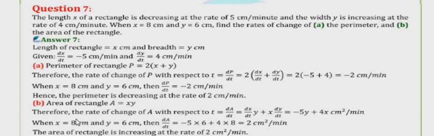You have to put x equal to 8 cm and y equal to 6 cm here. 8 into 4 is 32 and 5 into 6 is 30. So this answer will be 2. It means at that time the area was increasing, right? All things are happening at the same time, but the perimeter was decreasing and the area was increasing.